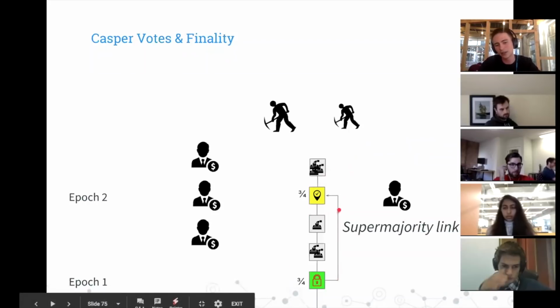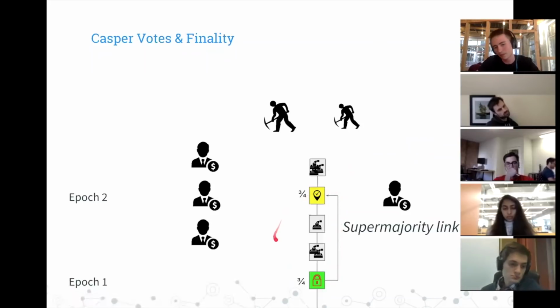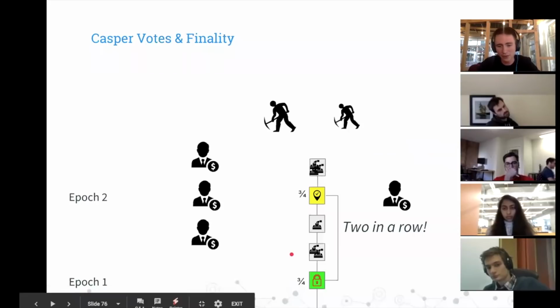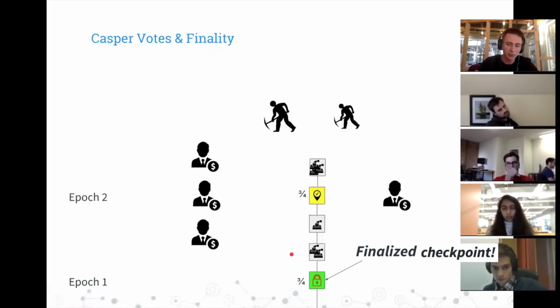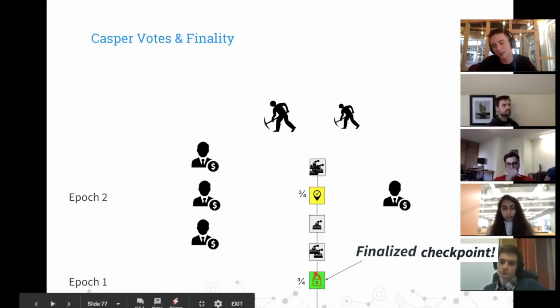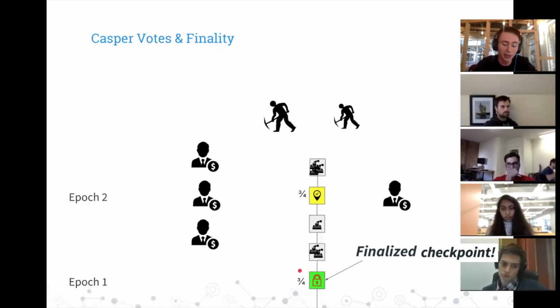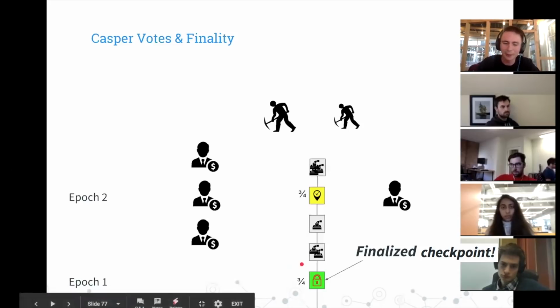This is our supermajority link between this source and the target, constructed with all those votes, and we have 2 in a row, which means we now have a finalized checkpoint. This is very similar to prepare and commit, right? I'll go into how it relates soon. But before I do that, any questions on this? Great, I guess it's pretty straightforward.